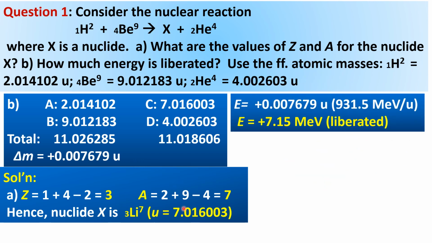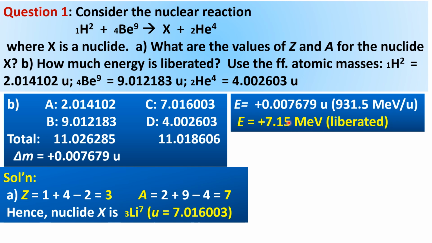And that is simply multiplying this delta M by 931.5 million electron volts for every atomic mass unit. And our result is we get the equivalent energy, which is positive 7.15 million electron volts.